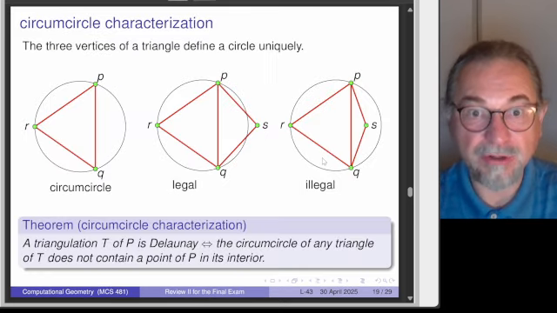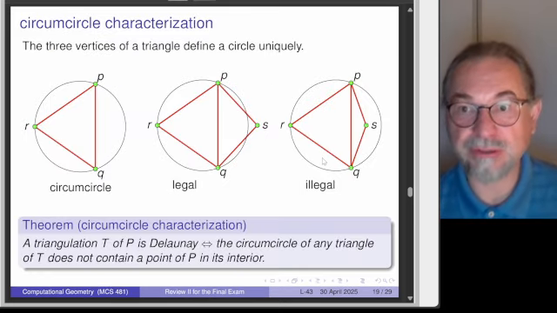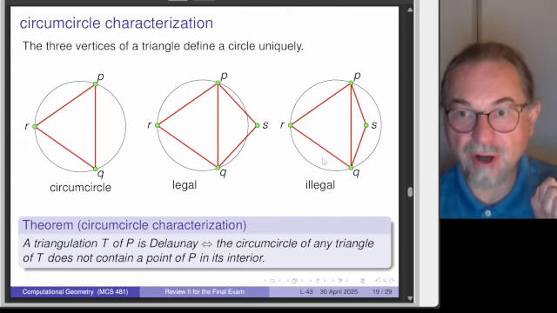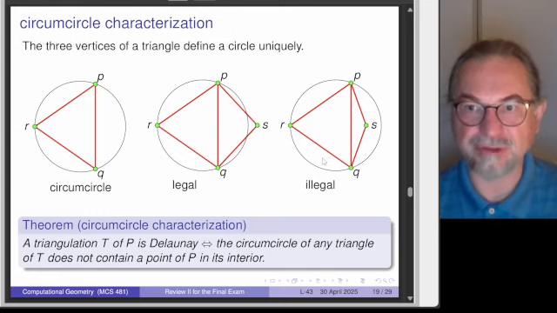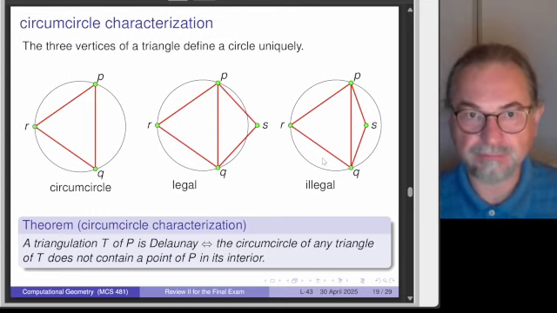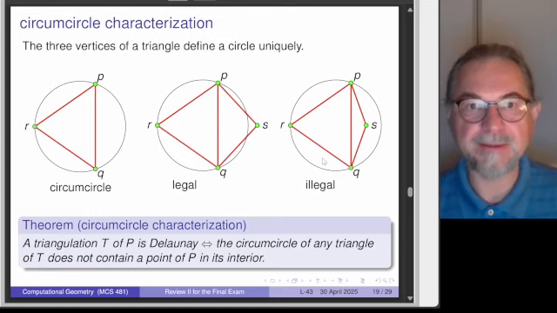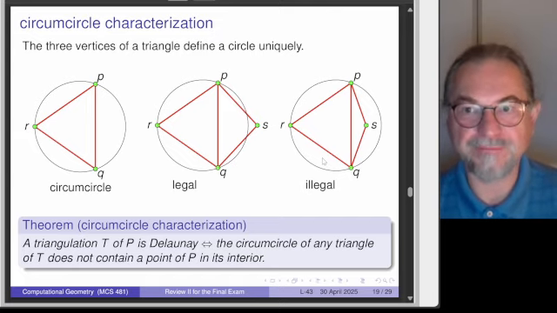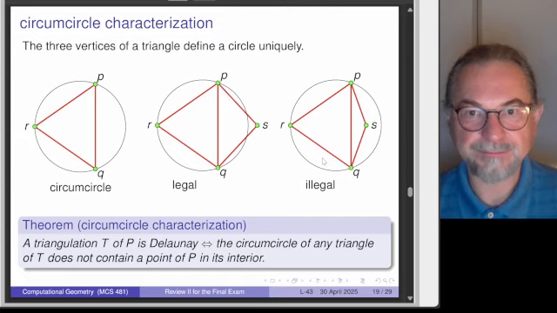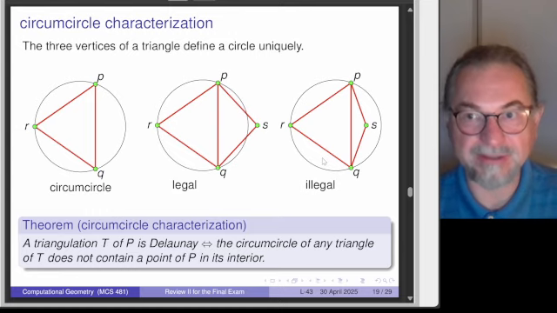So Delaunay triangulations. Delaunay triangulations optimized the smallest angle. So it's a triangulation of a point set. And we gave the characterization of the optimality via a circle.